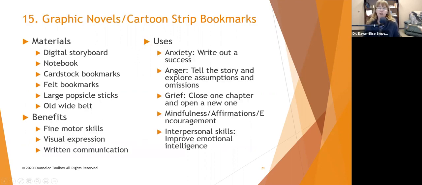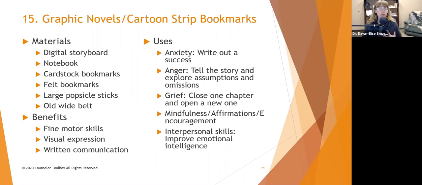Graphic novels or cartoon strip bookmarks can also be helpful for people to remind them. Sometimes we are a meme-oriented society, and people can communicate a lot in one picture now. You can do it on a digital storyboard. If you want to do it online, you can make it in a notebook.